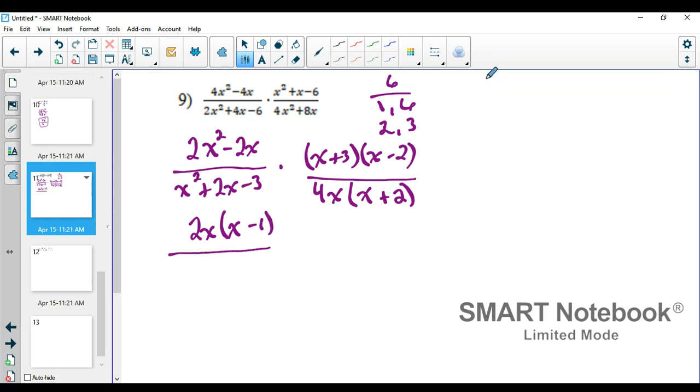And then the factors of 3 are only 1 and 3. So the only way we can factor that is using 1 and 3. So to get positive 2, we have x plus 3 and x minus 1. And then we're still going to just bring the rest of this fraction down.